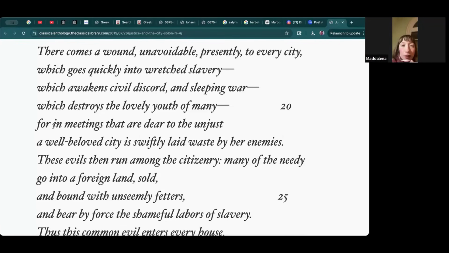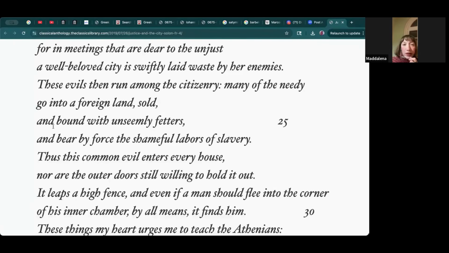There comes a wound unavoidable presently to every city, which goes quickly into wretched slavery, which awakens civil discord and sleeping war, which destroys the lovely youth of many. For in meetings that are dear to the unjust, a well beloved city is swiftly laid waste by her enemies. These evils then run among the citizenry.